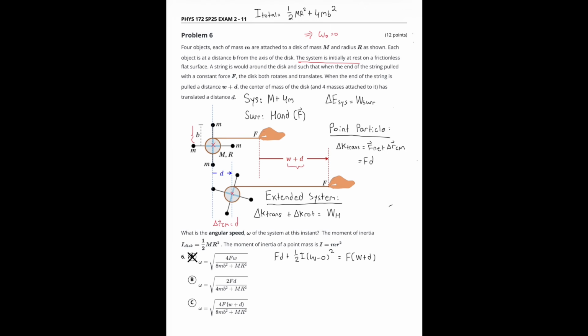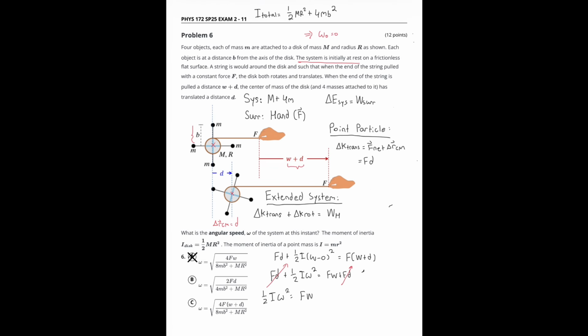So now that we have that, we can rewrite that as Fd plus 1/2 I omega squared is equal to Fw plus Fd. And we see that Fd cancels out on both sides. So we're left with 1/2 times the inertia omega squared is equal to F times our distance w, not to get those mixed up.